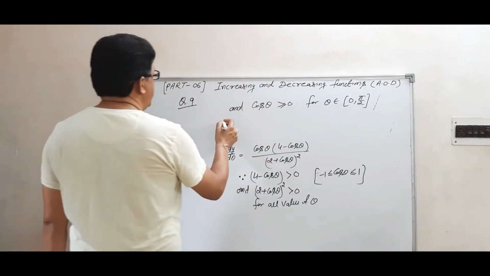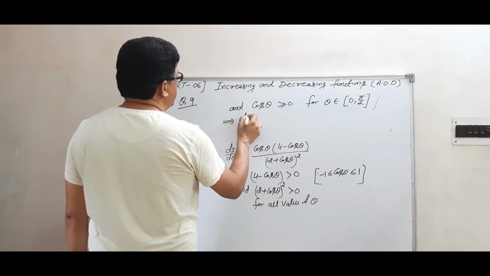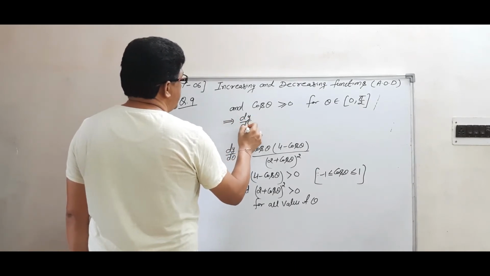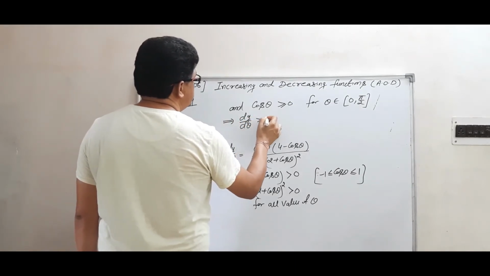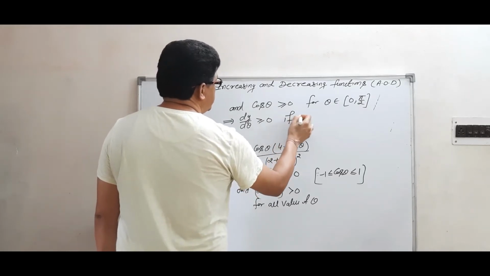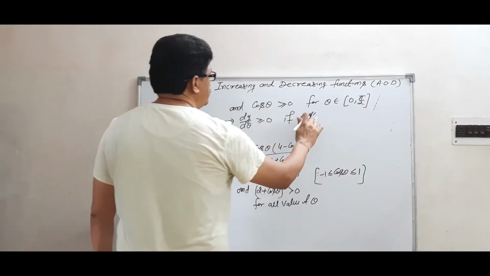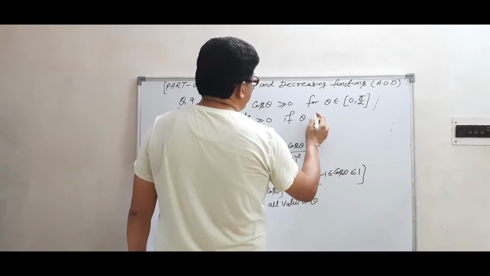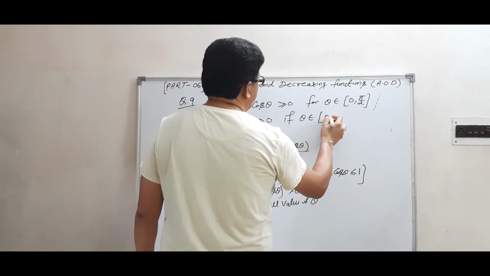So we can say dy by d theta is greater than or equal to 0 if theta belongs to 0 to pi by 2.